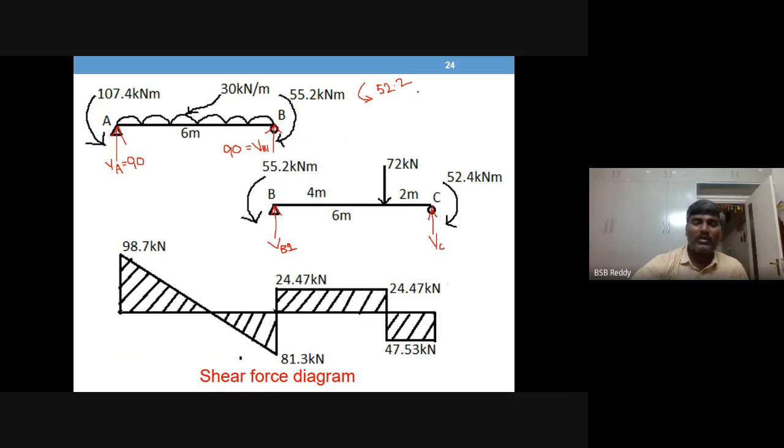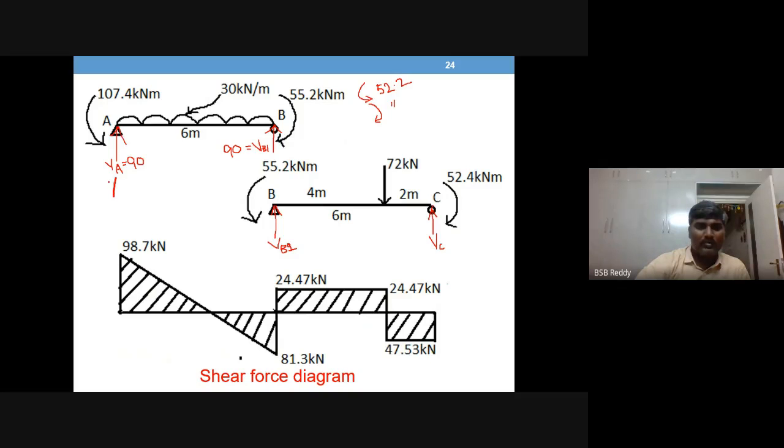From this, what are the reactions you should get? So reactions should develop an equal amount in the opposite direction. Means what? Clockwise 52.2 shall be there from reactions. So if you should get clockwise 52.2, what happens? Clockwise moments can be produced with the support reaction directions: left upward, right downward.